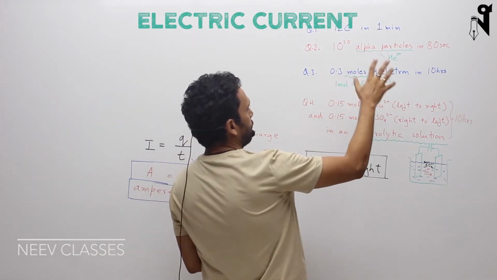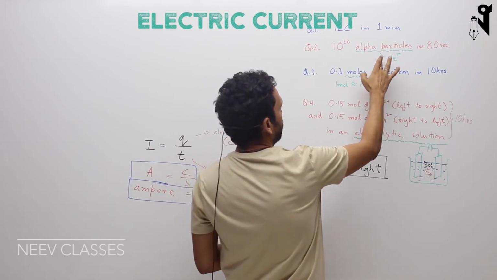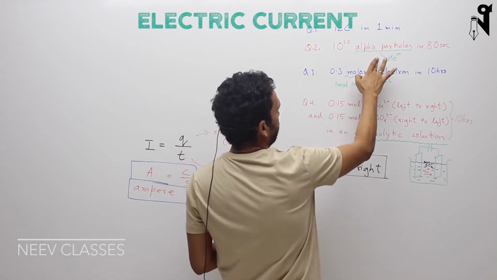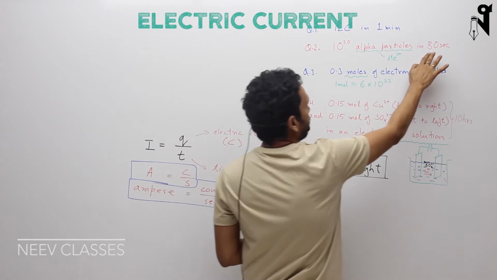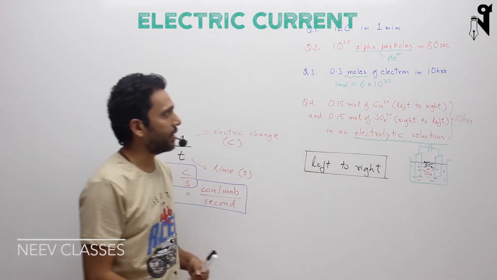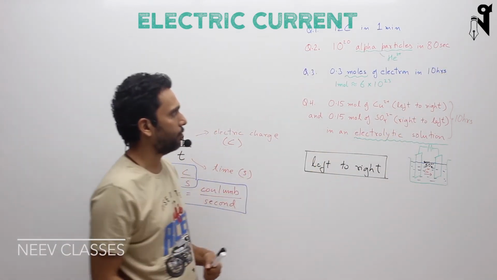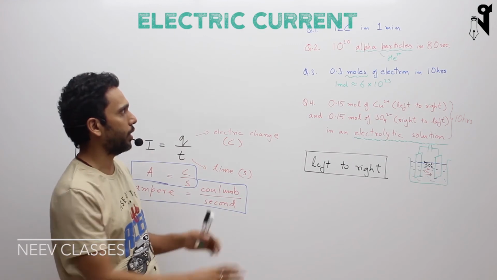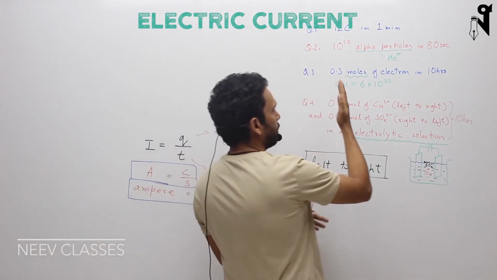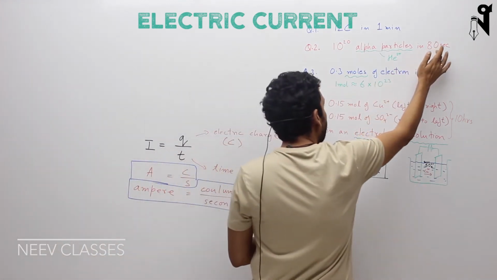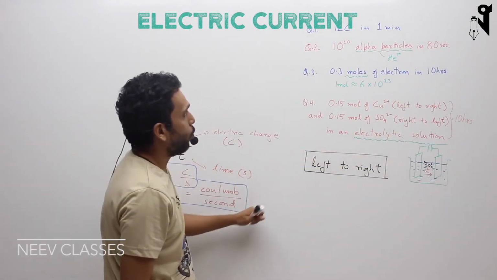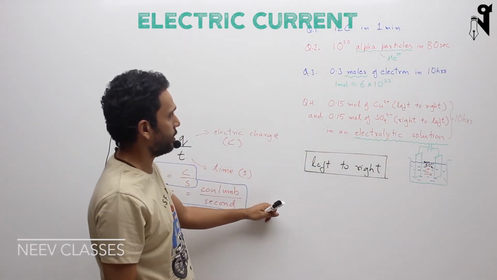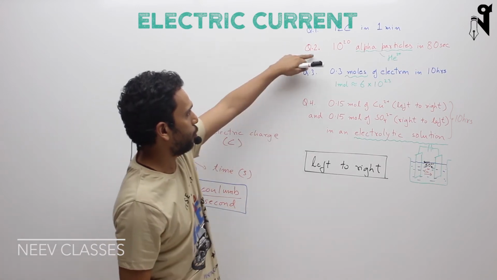So the charge is a substantial number. So 10 power 20 of the alpha particles goes across a certain point in 80 seconds. So there's an alpha beam, alpha ray, which is going across a certain point, and so many pass a certain region or a certain cross section in 80 seconds. So there, what is the effective current? What is the current due to this flow?